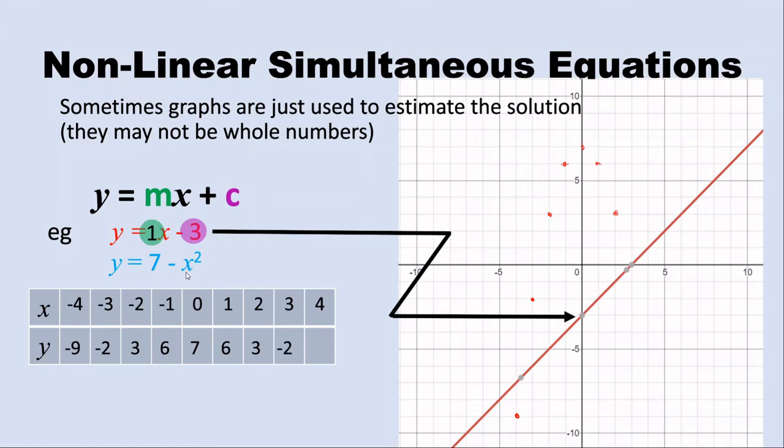That's going to be -2. So when x is equal to 3, y is equal to -2. Finally, when x is equal to 4, 7 minus 4 squared means 7 minus 16, which is -9. Plot that last point, and let's graph that curve.